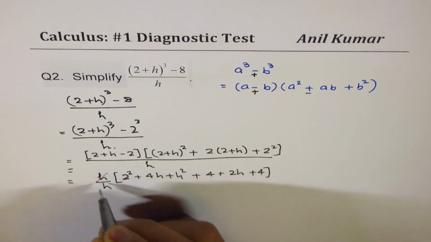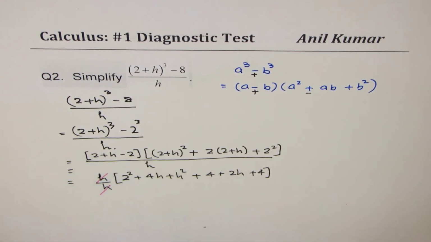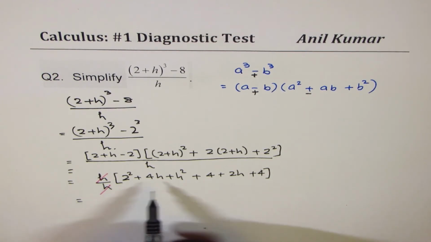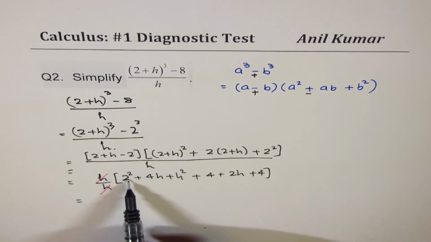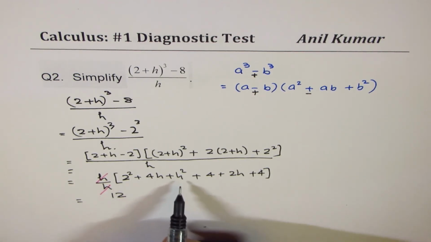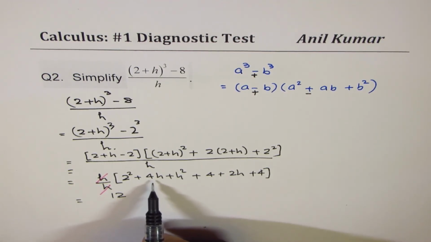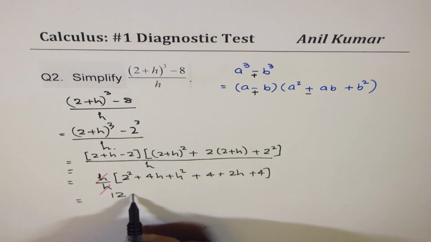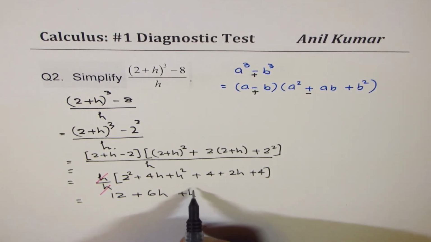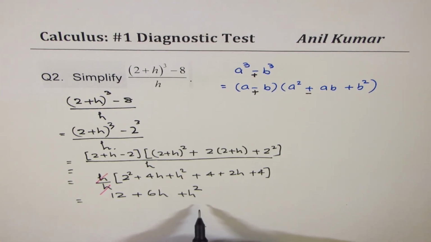So they cancel away. So what you see here is that this h in the denominator cancels off. And whatever is there in this numerator, you can simplify this, correct? So 4 plus 4 plus 4 is 12. So we get 12. Let's open the bracket. Then as far as h is concerned, 4h plus 2h is 6h. And then we have the term h squared. So that is what we get.